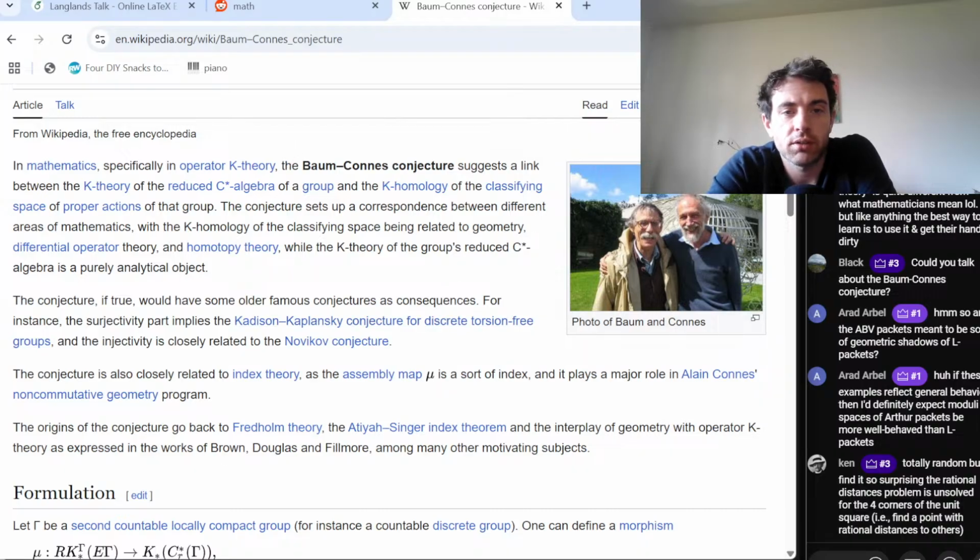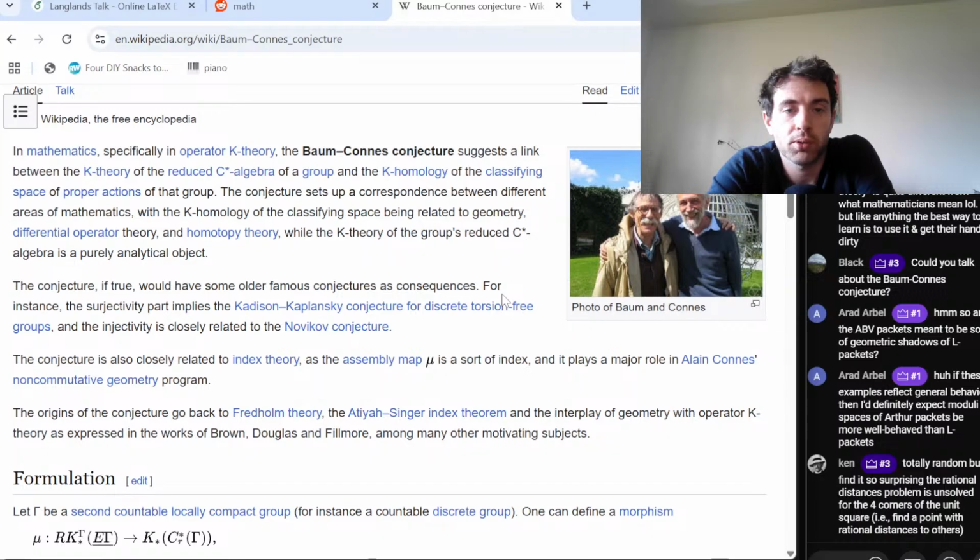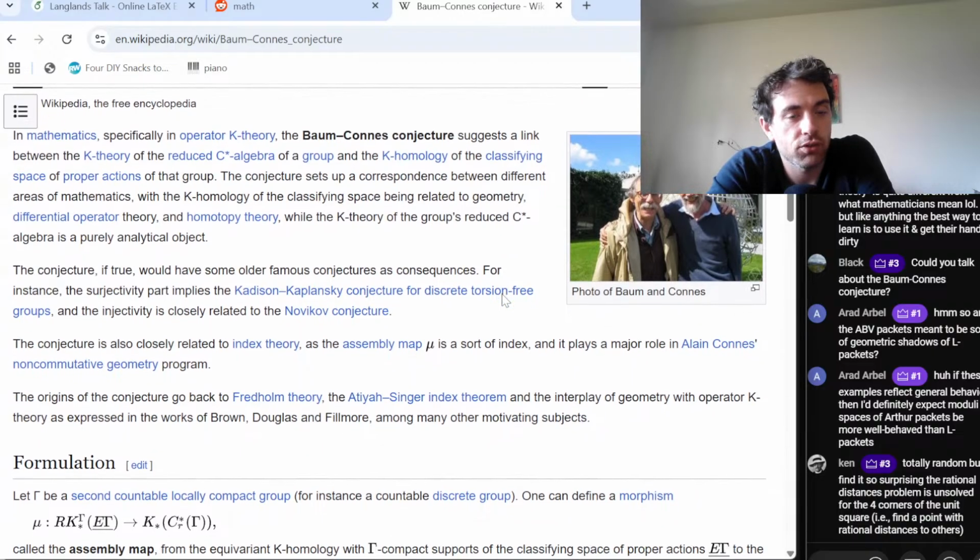Operator K theory sounds cool already. It suggests a link between the K theory of the reduced C star algebra of a group and the K homology of the classifying space of proper actions of that group.